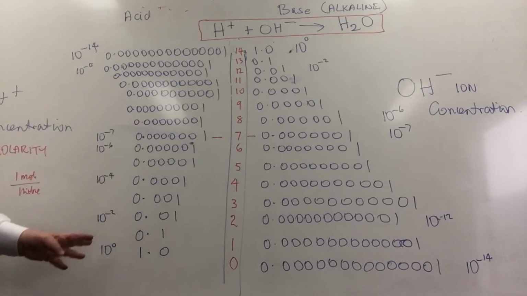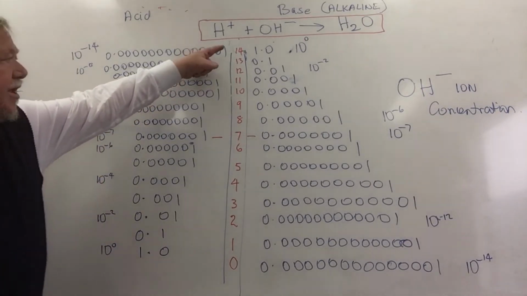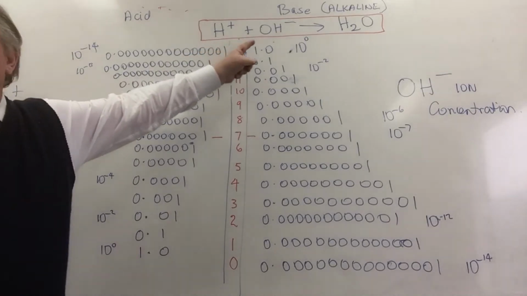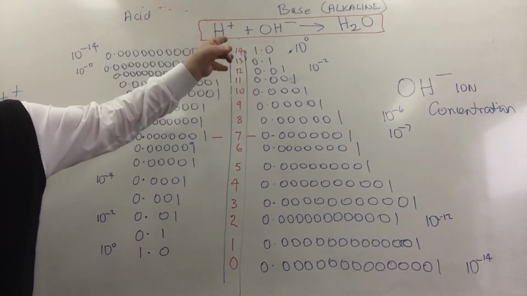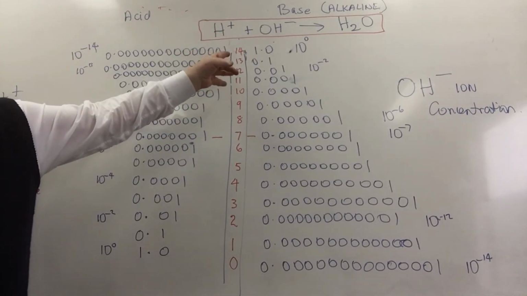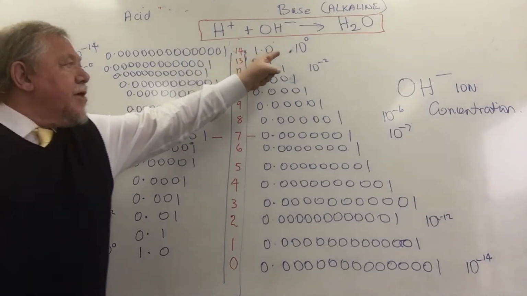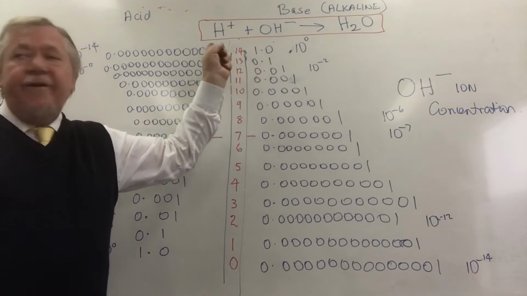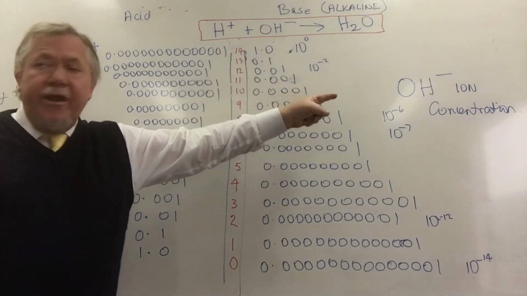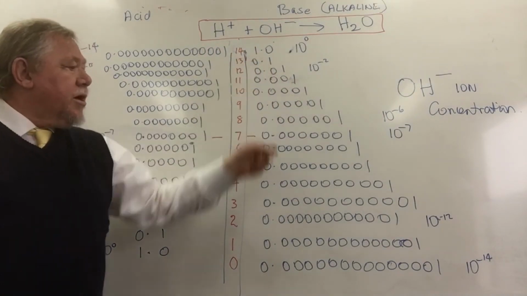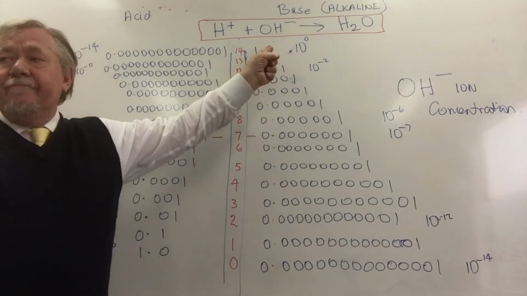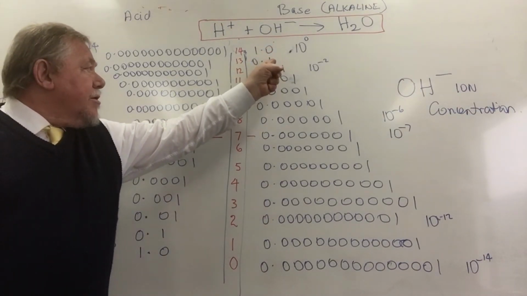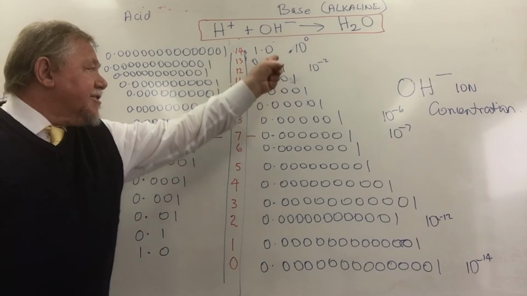On the other side, let's have a look at this. If the pH is 14, it's very, very highly alkaline. In fact, it's 1 molar. There's 1 mole of OH minus ions in 1 liter up this way. As you go down, you can see that it's getting less and less.